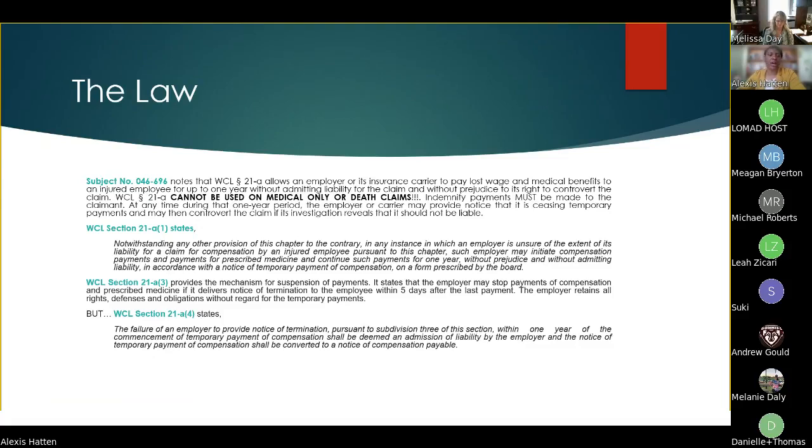So 21A1 is the basis for that. 21A3 provides the mechanism for suspension of benefits. You may stop payments for indemnity and medical benefits if it delivers notice of termination to the employee within 5 days after the last payment, and then you retain all rights, defenses, obligations without regard for the temporary payments.